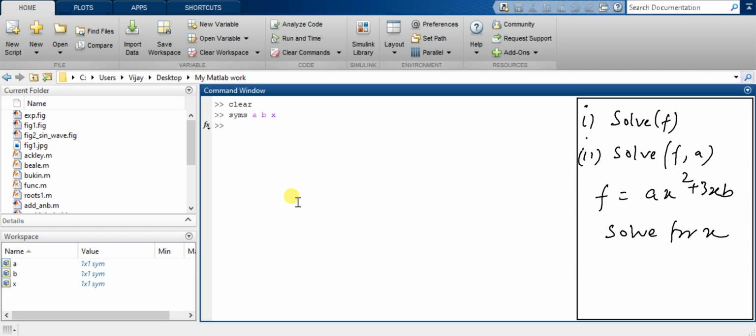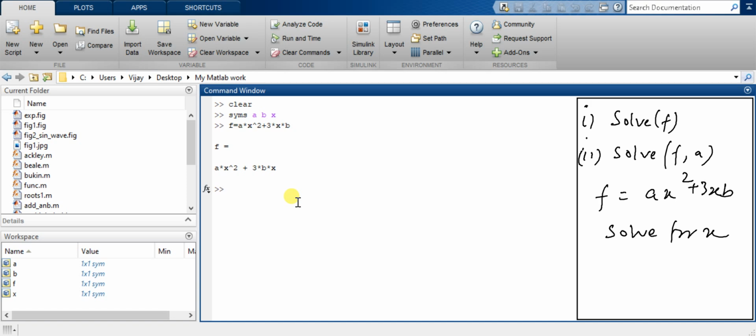Now defining the expression f equal to a into x square plus 3 into x into b. This is the expression of f.